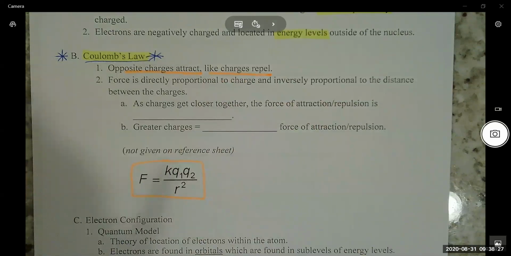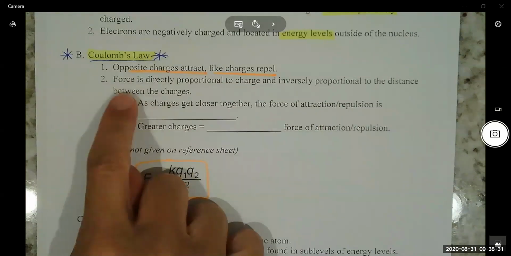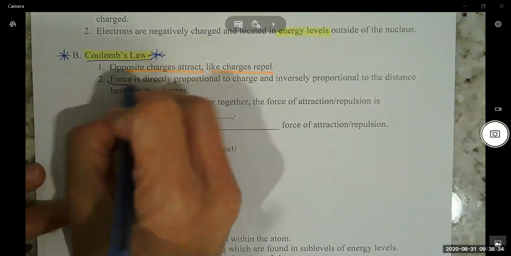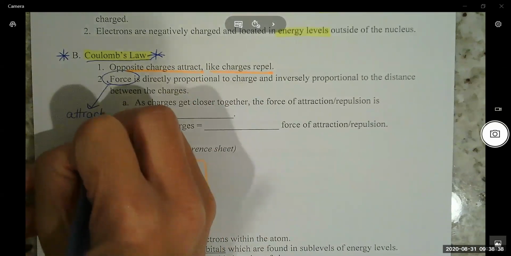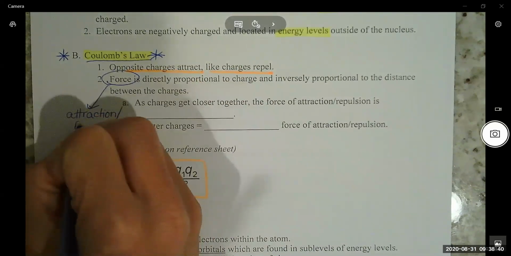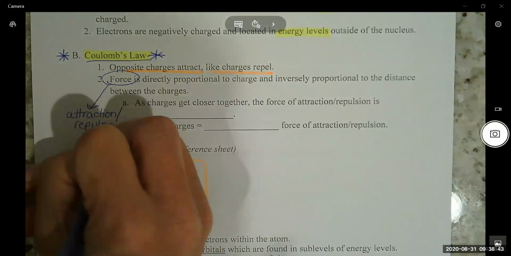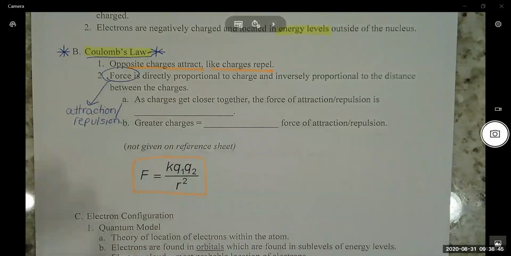Also important is that this force represents either the force of attraction or repulsion. We're going to talk about Coulomb's law in terms of protons and electrons within one atom, and also in terms of different ions that attract each other and the strength of that force of attraction between them.